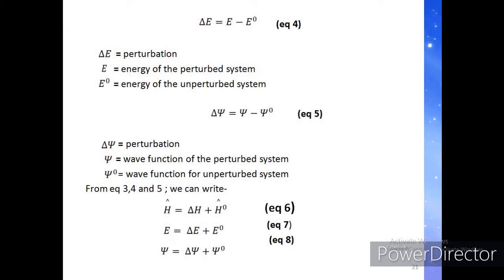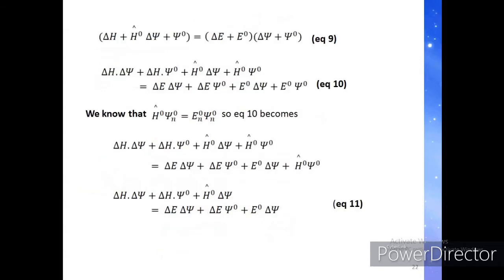Now we will write an equation for our system, that is equation number 9, and by solving equation number 9 we will get equation number 10. Now we will replace the unperturbed term of energy with the unperturbed Hamiltonian term, and this will cancel out with the disturbance, and this will cancel out and we get equation number 11.